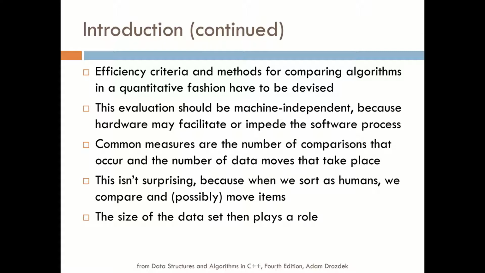And so we will try to establish a machine independent measure between the different sorting algorithms, and we will link that to the actual size of the data, usually referred to by the letter N. And so we'll take a look at things like the number of comparisons or the number of data moves.